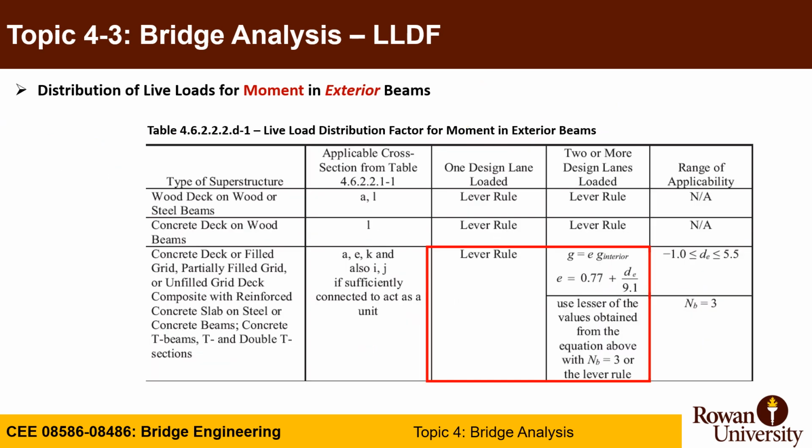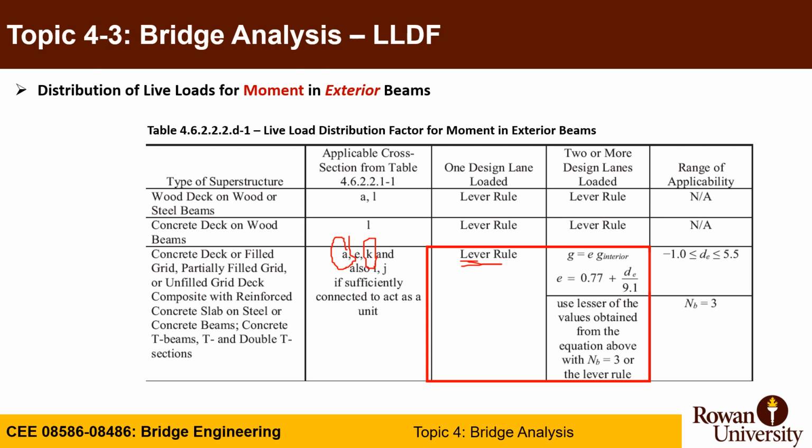For exterior beams, if you have one lane loaded, again, applicability is A and K, which is our case, prestressed concrete girders or steel girders. If one lane loaded, use the lever rule.